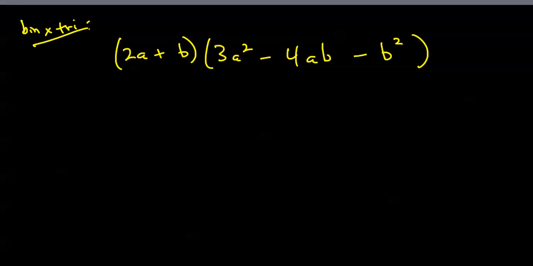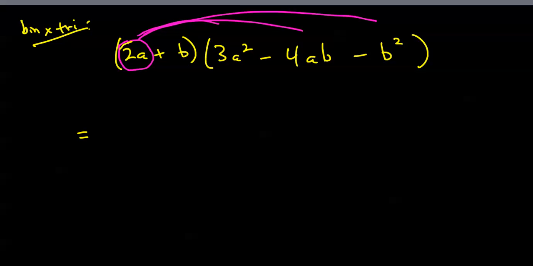Notice no constants in either of these polynomials. I'm going to first multiply this trinomial through by positive 2a, and I'm going to arrange my terms in like term columns.